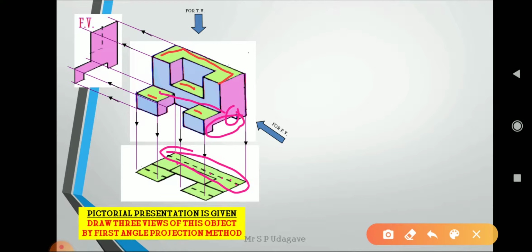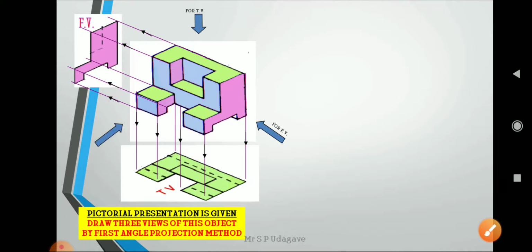This is the edge we cannot see in the top view, so we show it with a dotted line. Also, some portion with a cavity appears in this block and this block, so two edges are present that we also cannot see in the top view. These are drawn with dotted lines; the invisible part we draw with dotted lines in the top view.